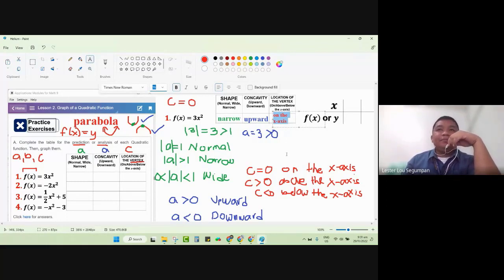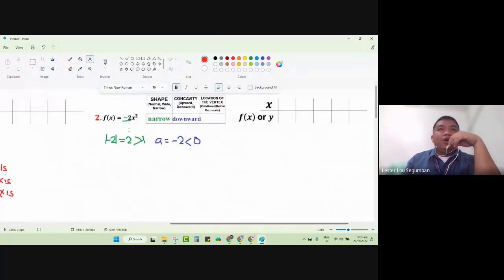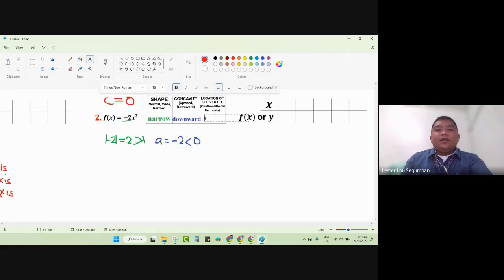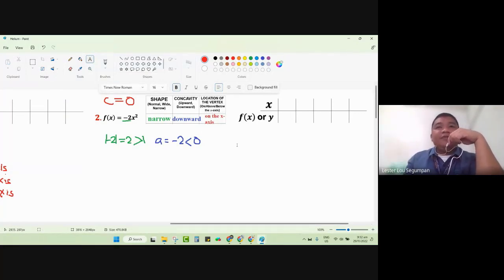We still have time. When we go to number 2, obviously again, C is not around, or C equals 0. The same thing, it should be on the x-axis. We will see again its graph later, the picture of the graph, whether it's really true or not.